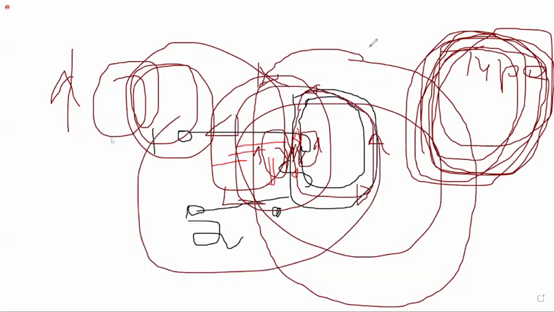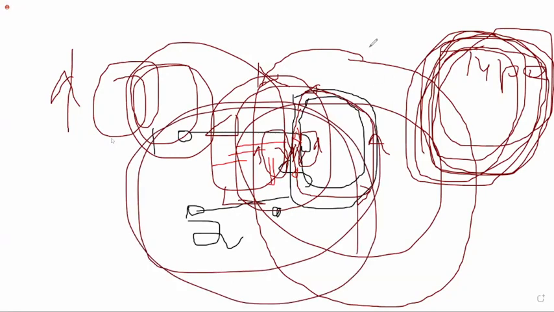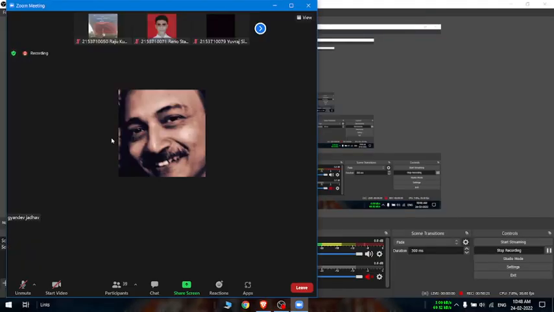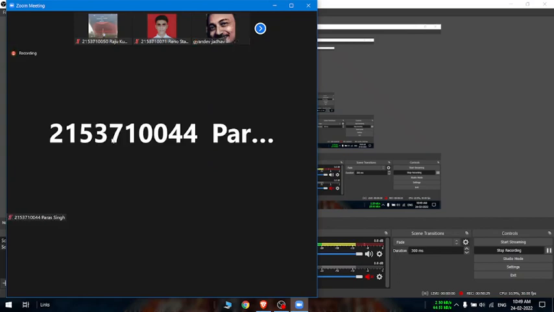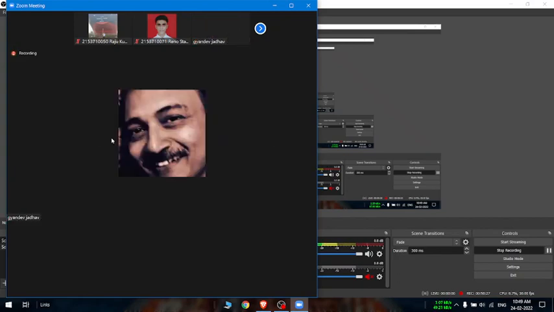Is it clear? Hello? Did you understand the things? Okay. Yes, sir. Any doubt in this now? This is not my picture actually. This is Dasgupta sir's picture, so don't get confused in this.